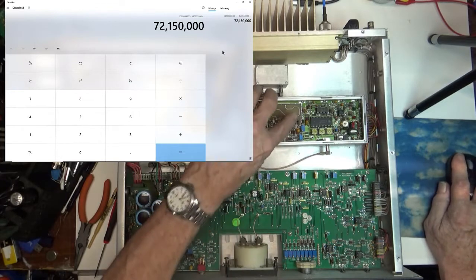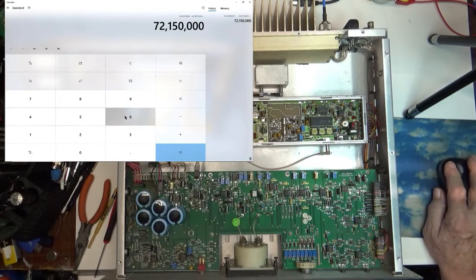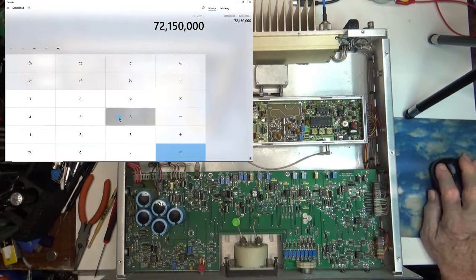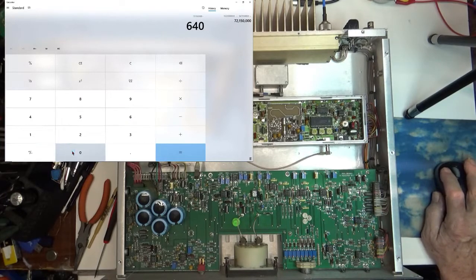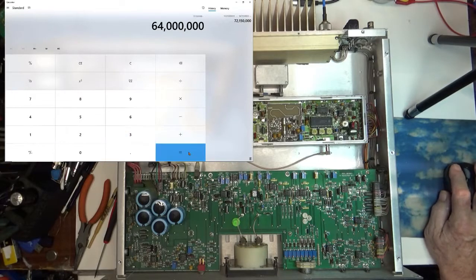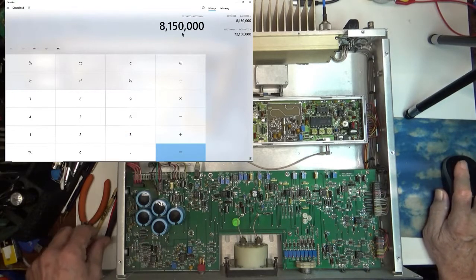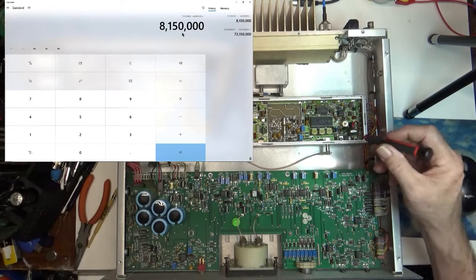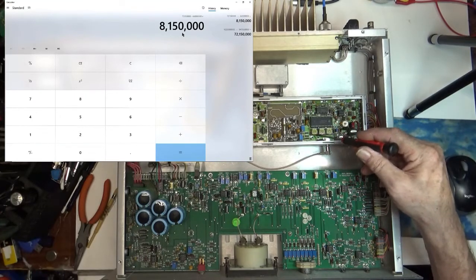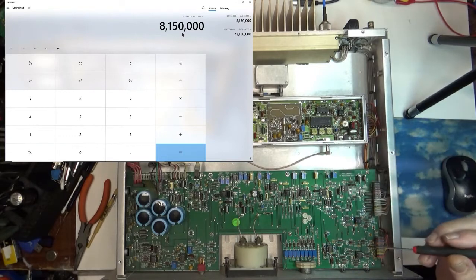72,150,000. We take away the 64 million, 64 megahertz for those who are insistent upon it, and that would give us 8,150,000. So 8 million, 4 times 2 is 8, so we're going to leave that switch alone.